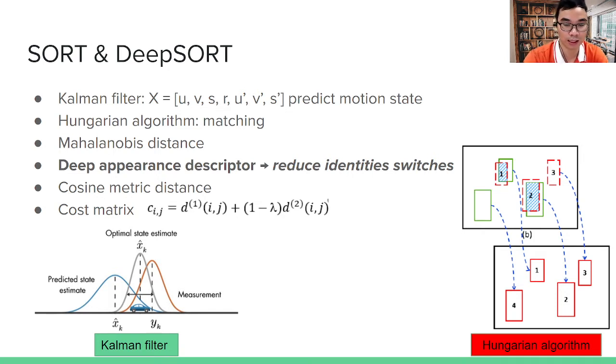So from the analysis of 3 datasets, we build a new egocentric hand tracking dataset. This dataset will be described in the next part. And after obtaining the egocentric hand tracking dataset, we change the appearance descriptor.